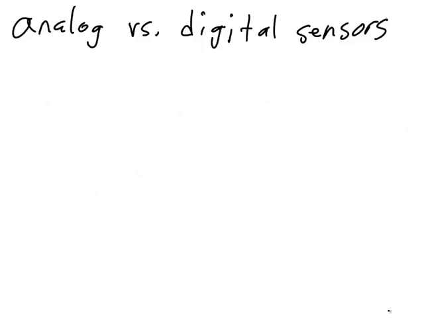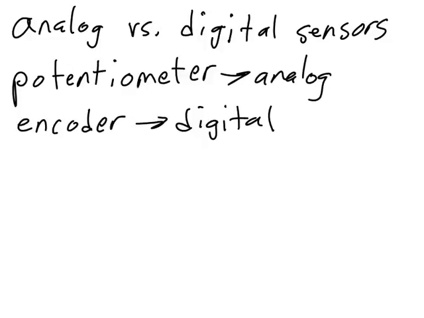The potentiometer and the optical encoder are two good examples of sensors that do the same thing, but are different kinds of sensors. The potentiometer is an analog sensor, and the optical encoder is a digital sensor. The difference between an analog sensor and a digital sensor is that an analog sensor can hold any value between its minimum and its maximum.